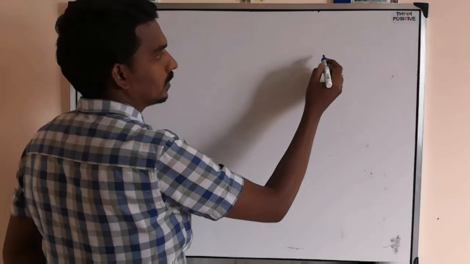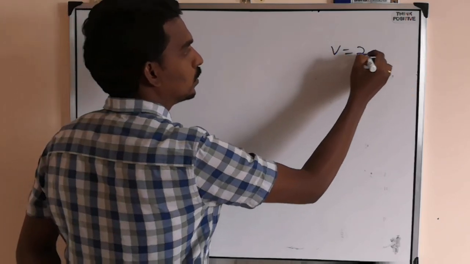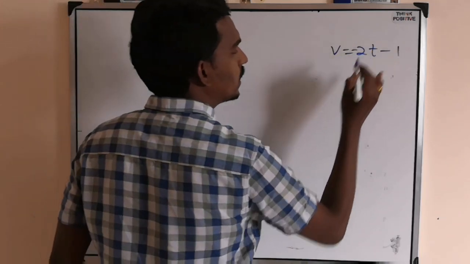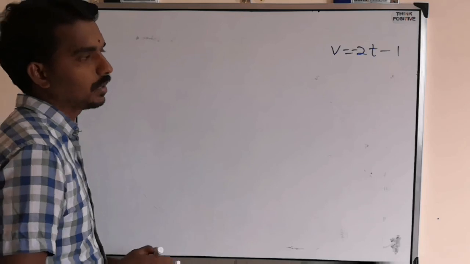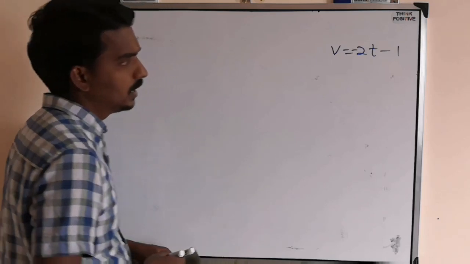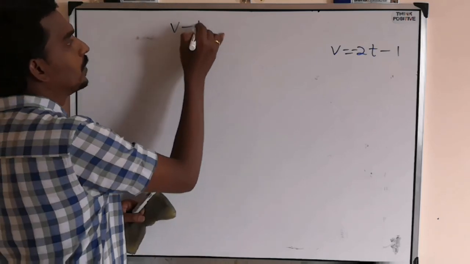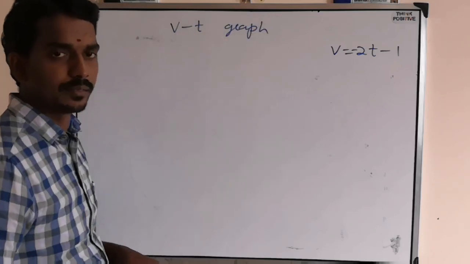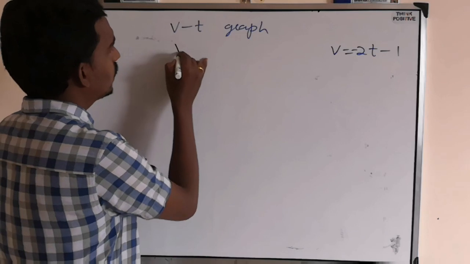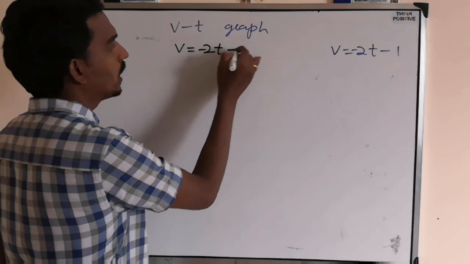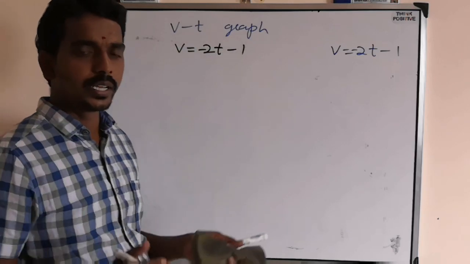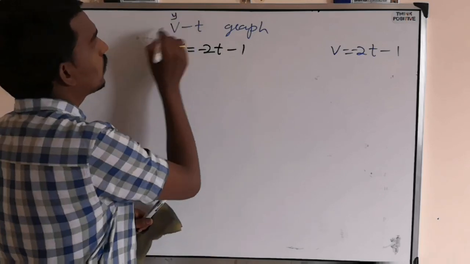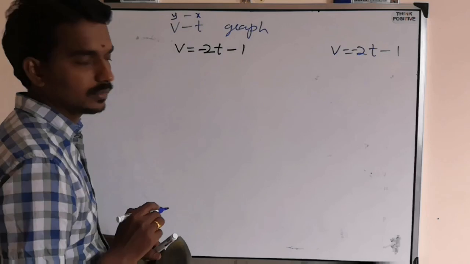Let's take v equal to minus 2t minus 1. Then they are asking for the v-t graph. Draw the v-t graph. Here they only gave the equation; your duty is to compare. The v-t graph means v is on y, t is on x.